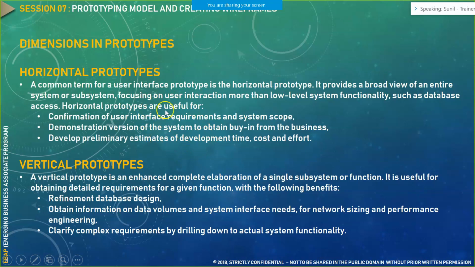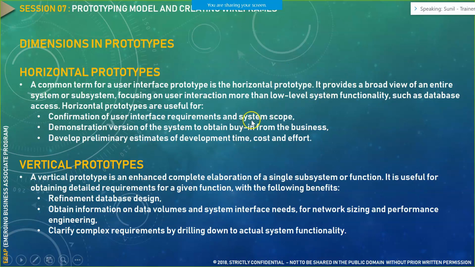So in a horizontal prototype, we typically capture that, okay, the business user has asked us to build a particular system. So we tend to understand what the scope of the system is and how many screens would be needed to develop that particular system. Would 15 screens suffice, or would you need 20 screens to create that particular end-to-end system?